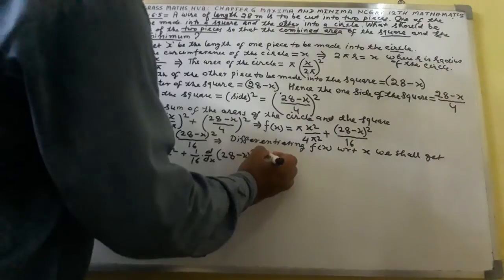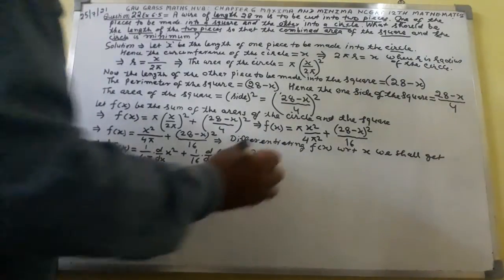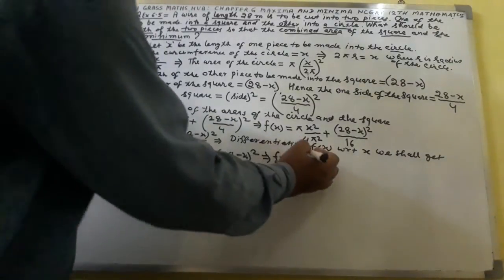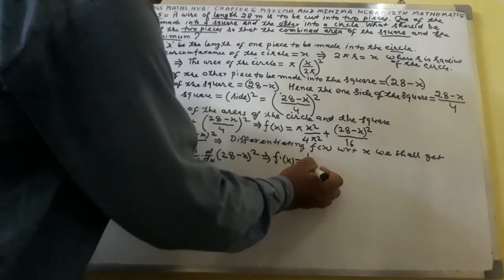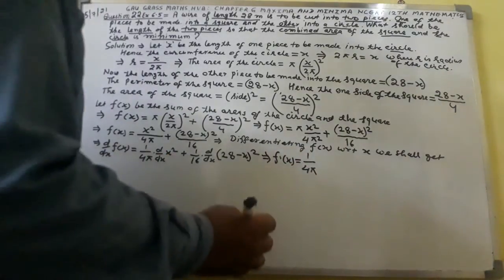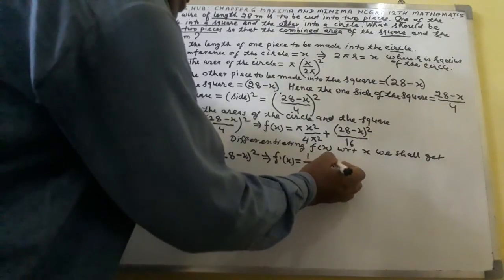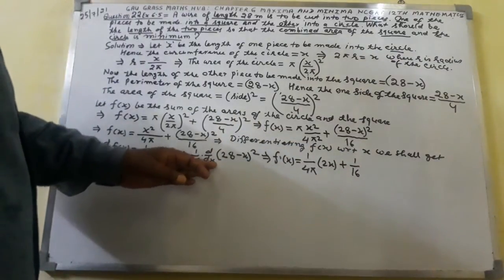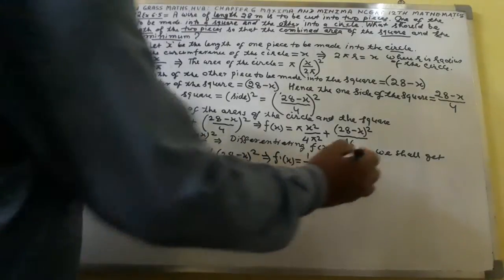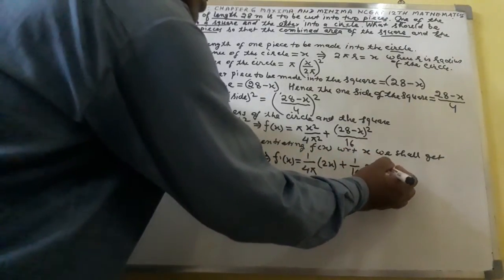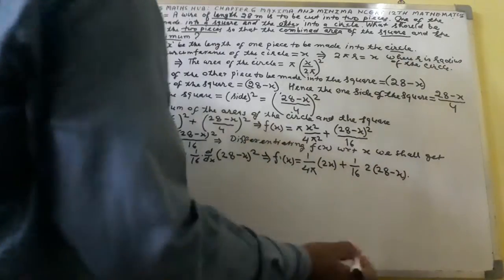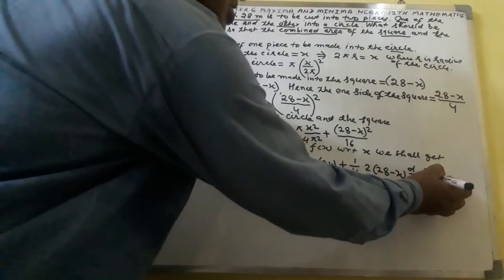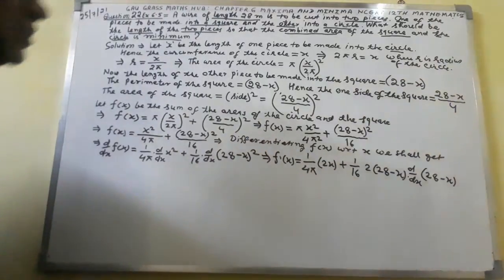So d over dx of f of x, f dash of x, equals 1 over 4 pi times 2x, plus 1 over 16, and d over dx of 28 minus x whole square comes out to be 2 times 28 minus x times d over dx of 28 minus x. This thing we have got.